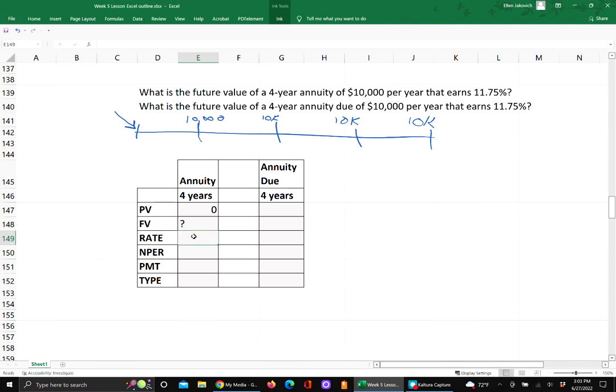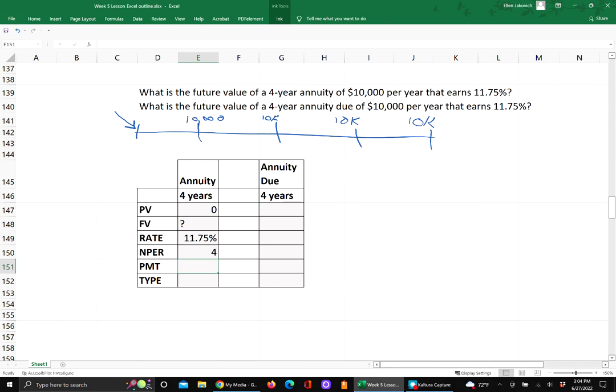What is our rate? It is 11.75%. Just as easy as if it were a simple 2% or 12%. You just type it in. Number of periods is 4. Payment is 10,000. Now, we have to decide, because it doesn't say, if we are investing 10,000 or receiving it?